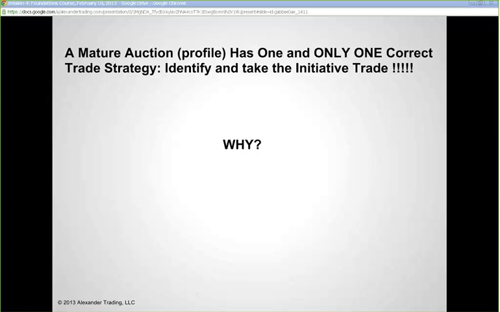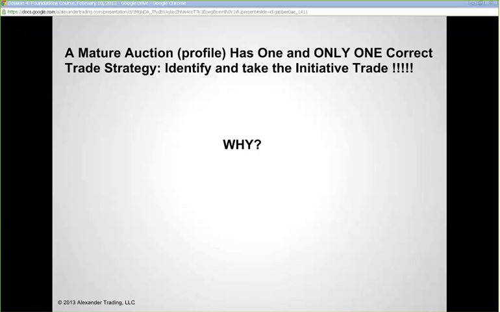If you take initiative trades, you're a superstar if you can get to the point where, by some savant-like ability, 50% of them work. The reality is that for most of us, fewer than 50% of them are going to work.